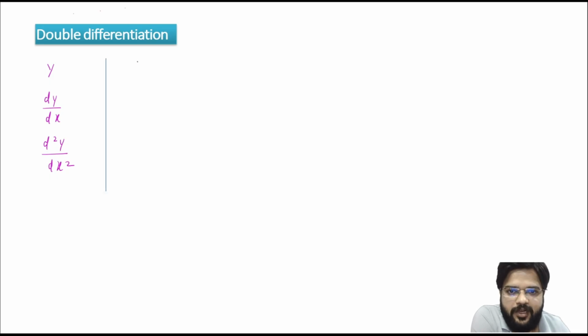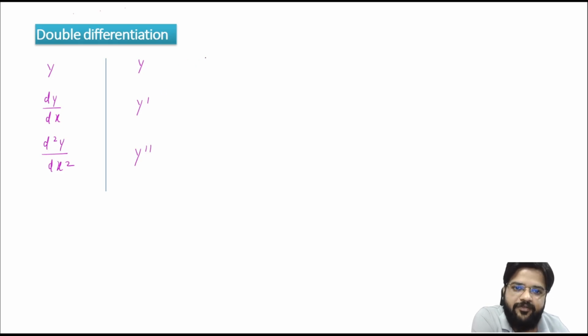Now let's suppose again we have a function y and we want to use Lagrange notation. If I write the first derivative of y, it is y prime, and the second derivative of y is y double prime. This is Lagrange notation, everyone.